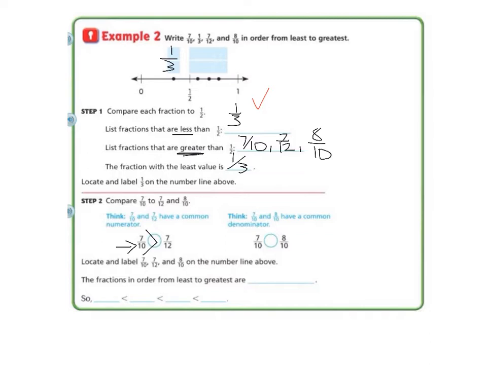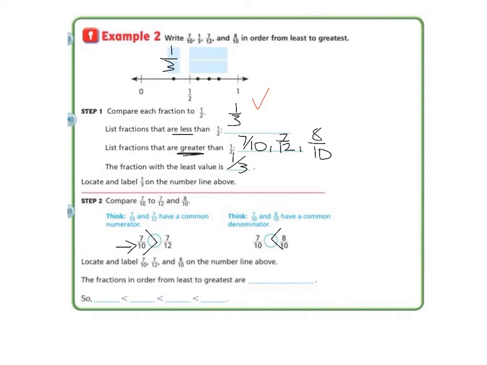So each one of those 7 pieces is going to take up more of my whole number. All right, and then we can look at them with a common denominator. So now I have 7/10 and 8/10. Well, we know that 8/10 is bigger than 7/10. So that will help us order them from least to greatest.